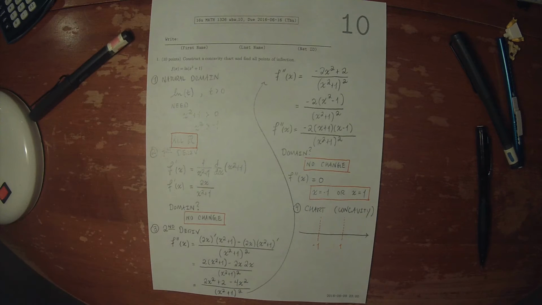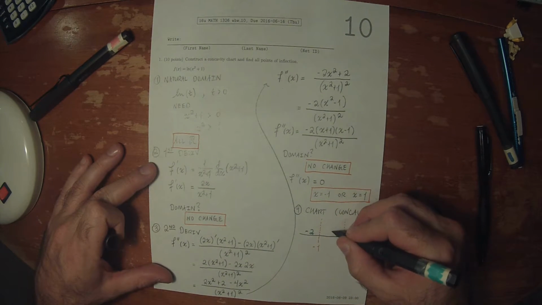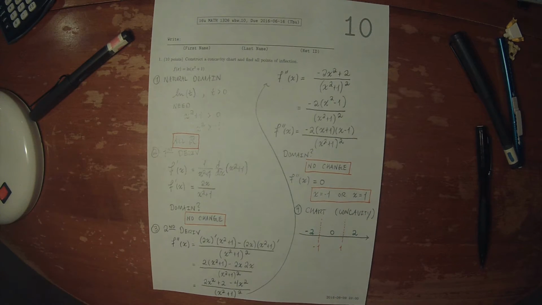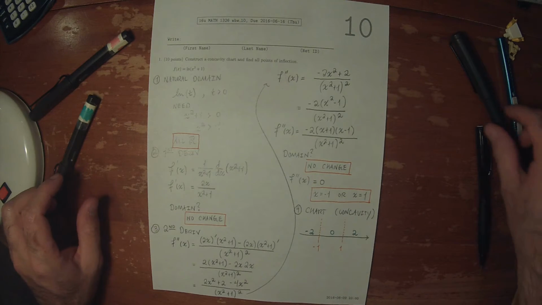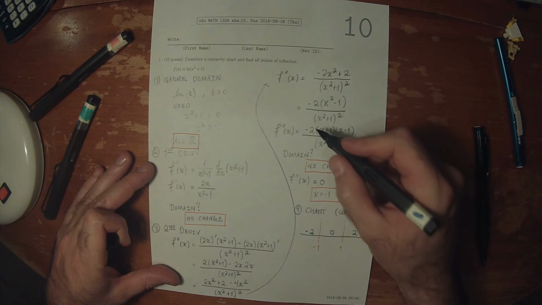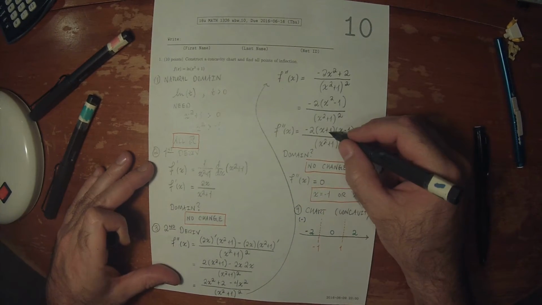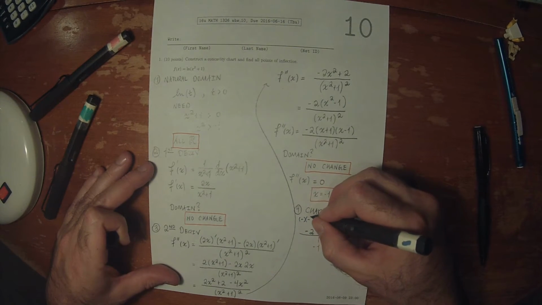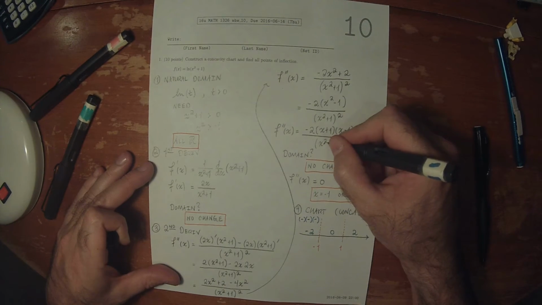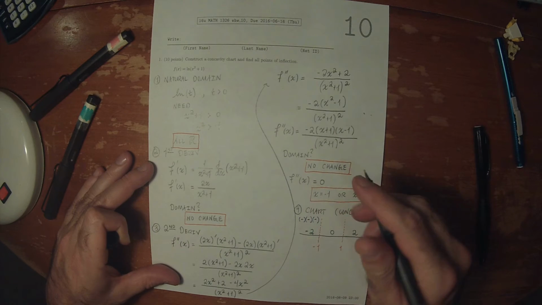In each region we need to select a test point. So how about negative 2 for that one, 0 for that one, and 2 for that one. So evaluating at each point, plugging in negative 2, that one is negative. Plugging in negative 2, that one is negative. And the denominator is going to be negative 2 squared is positive, plus 1 is positive, squared is positive.